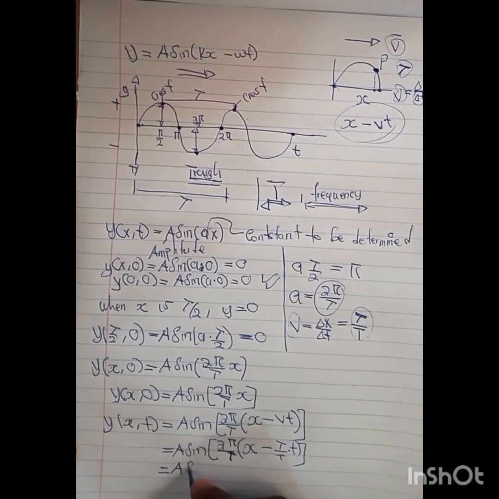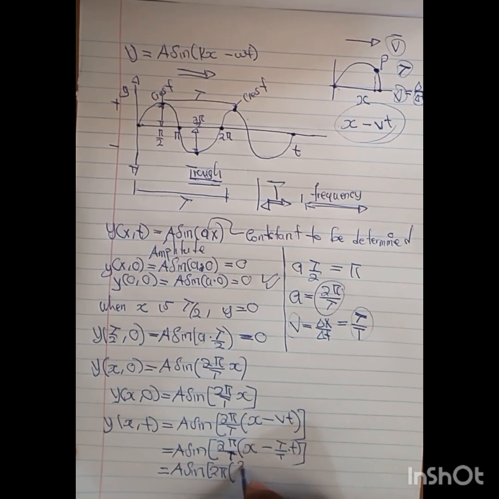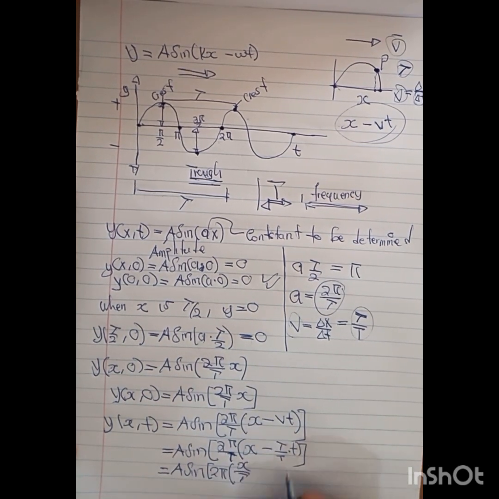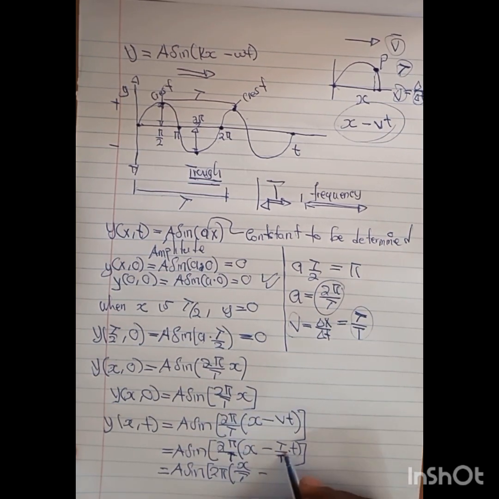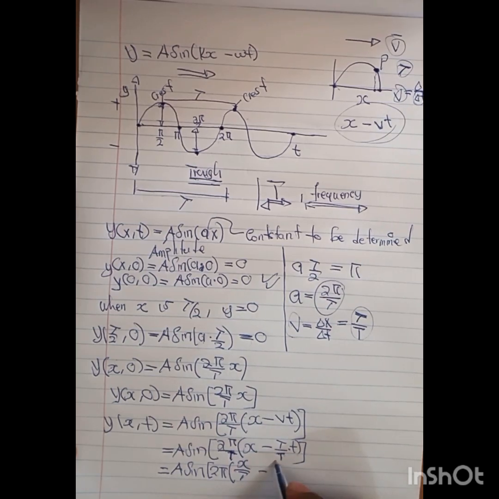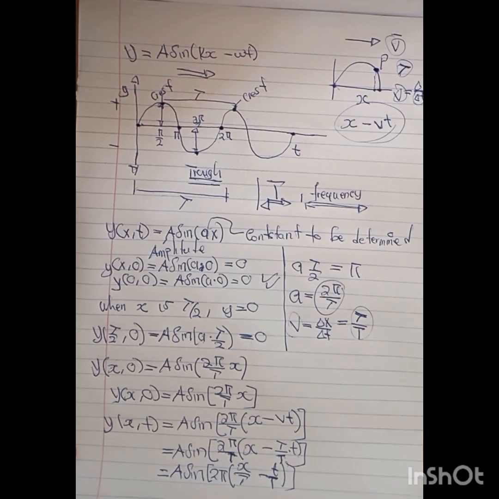This is a sine of 2 pi, x over lambda minus t. Then multiplying the lambda inside, this lambda will cancel this lambda, and then t over the period will remain.